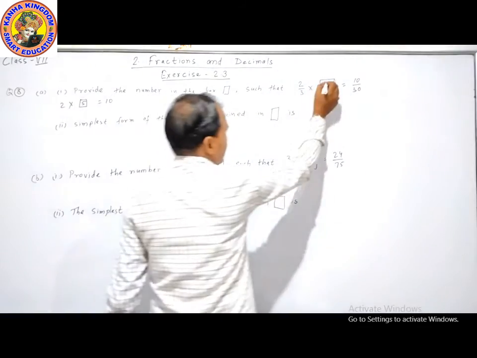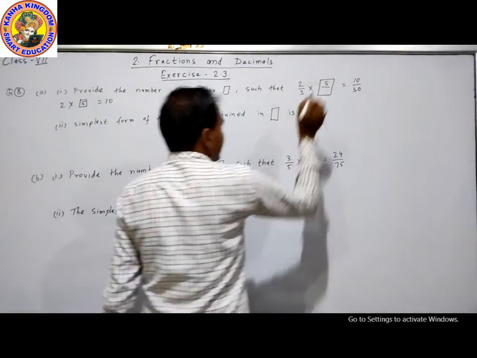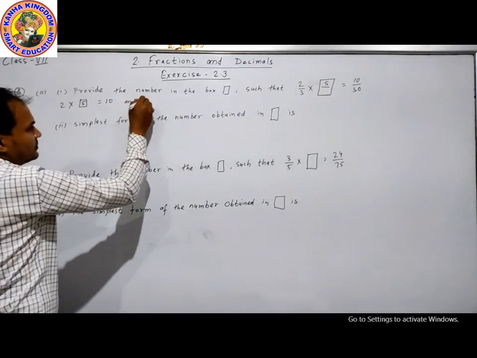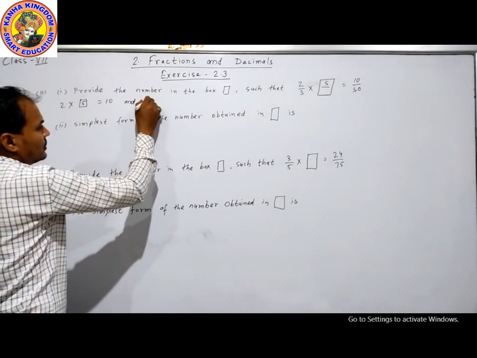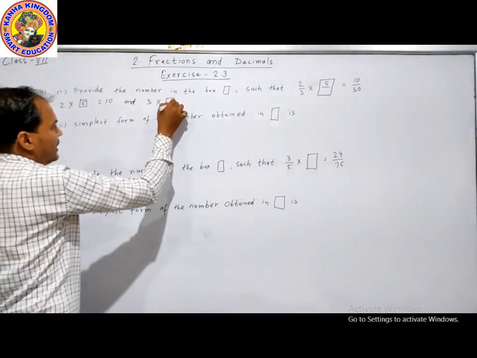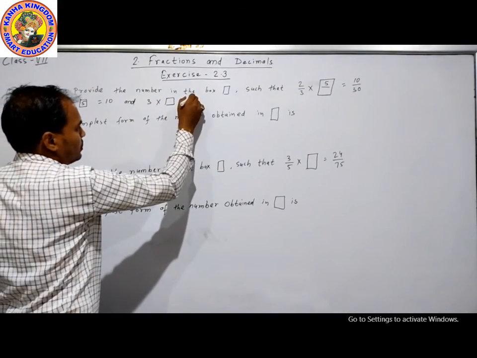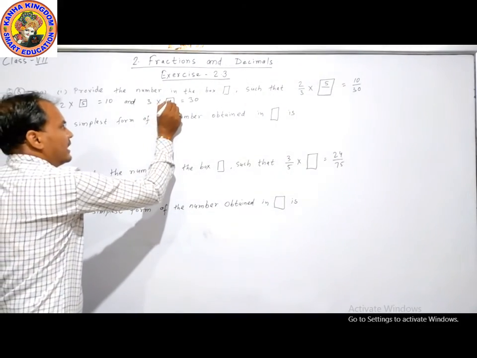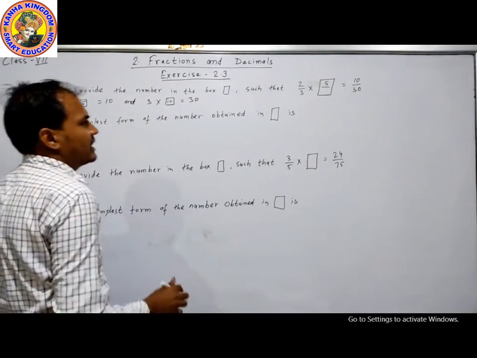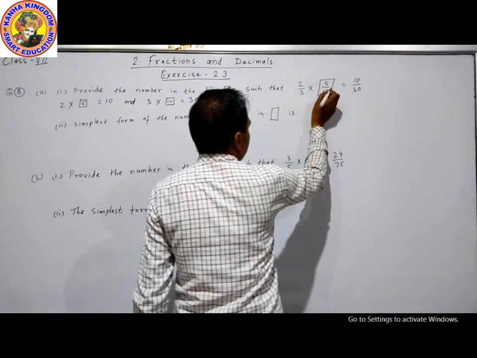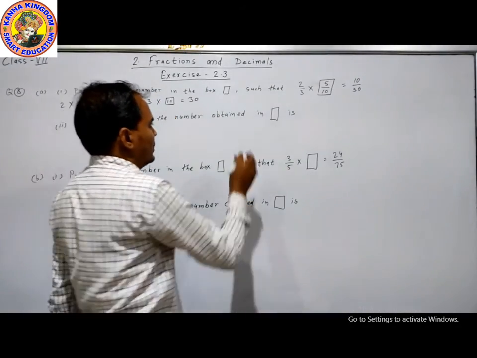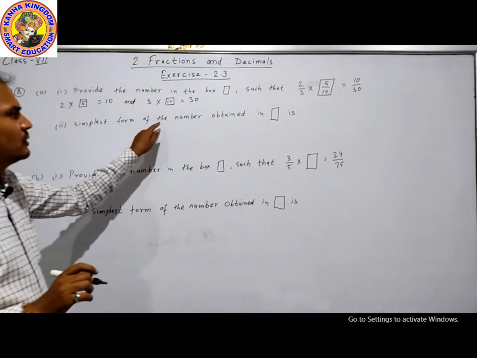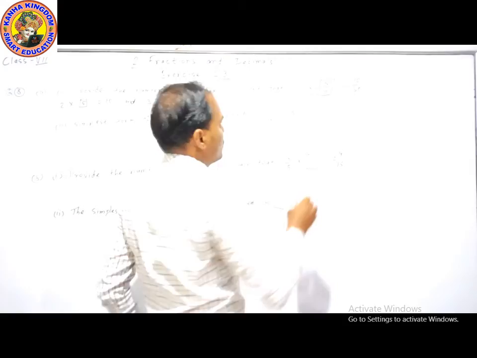So in the box the first digit is 5, and 3 will multiply with some number to get 30. We will multiply by 10. 3 into 10 is 30. So the number is 5/10.